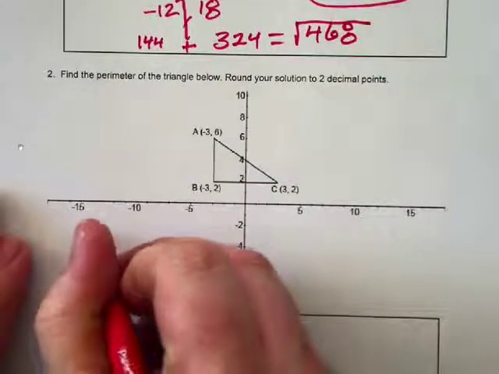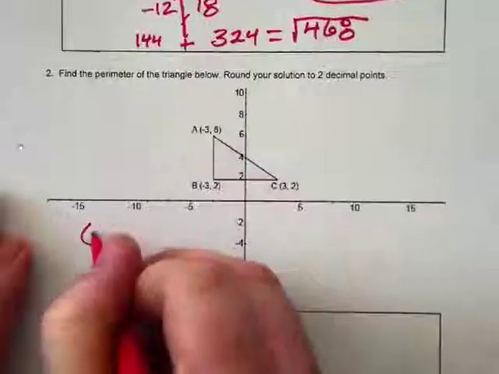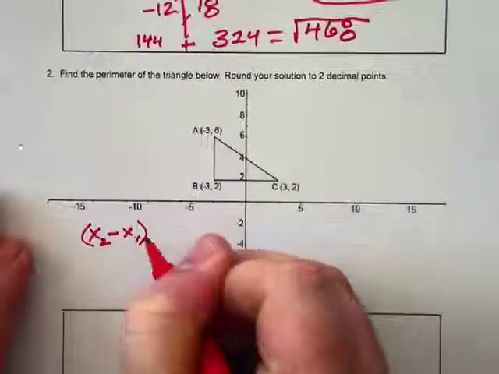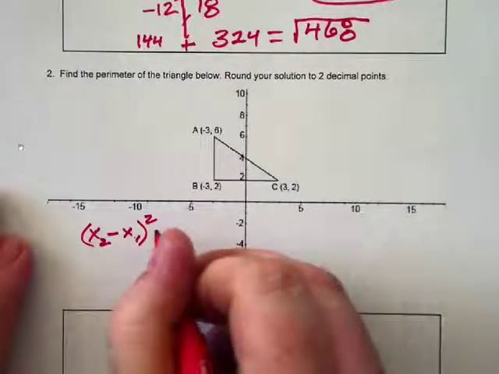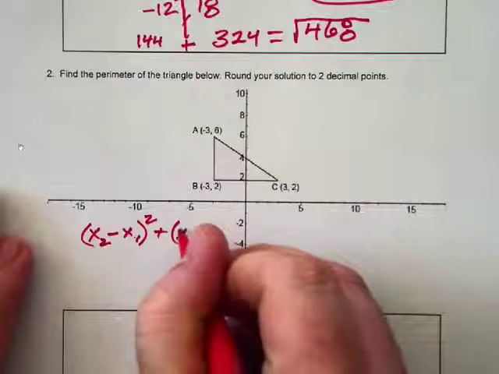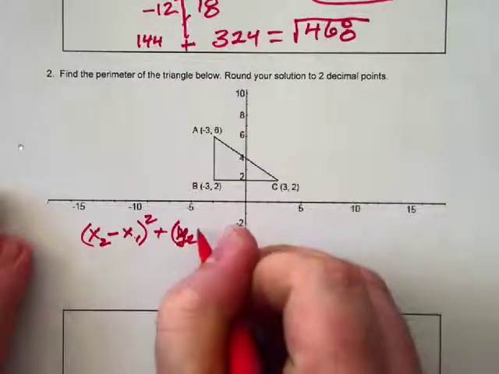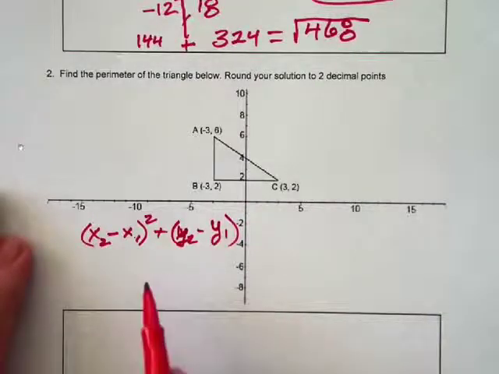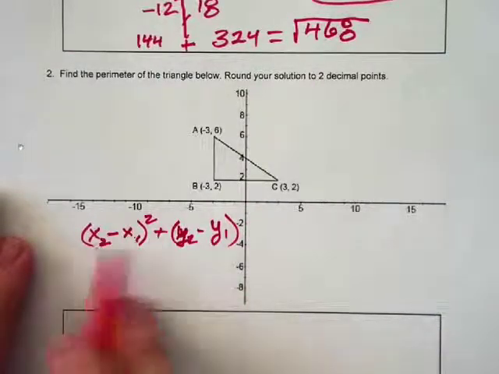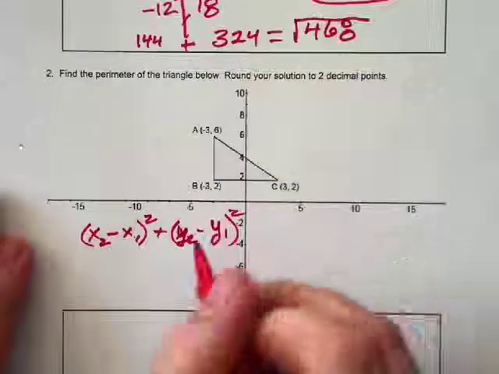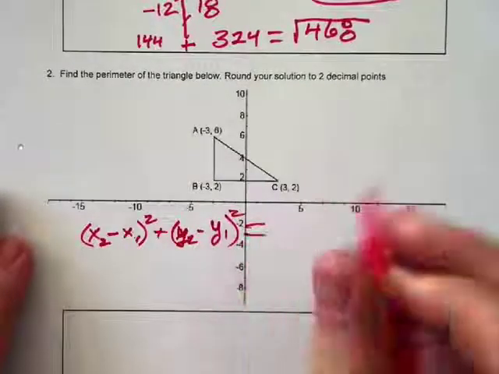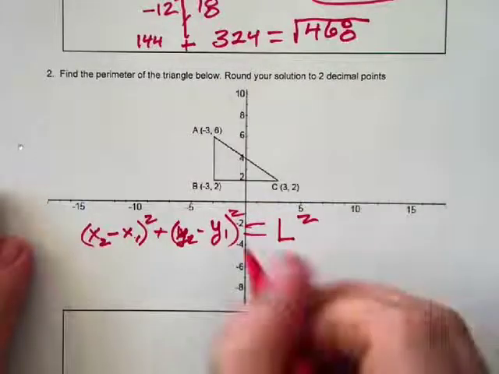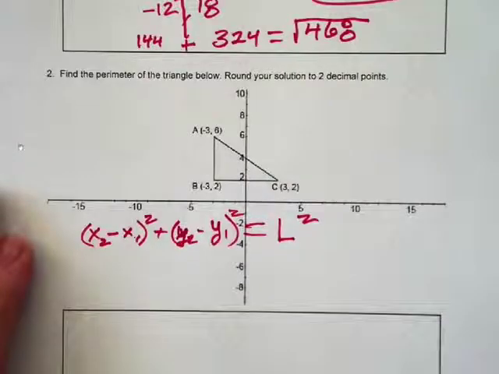We need to take x minus x, the second x or first x, doesn't matter which, and square it, and then add that to y, and I'm labeling them y2, y1, x2, x1 because there are 2 of them, so it shows you do them both and you square that, and that equals your length. I'm just going to put L squared. Then you take the square root of everything and that gives you your answer.